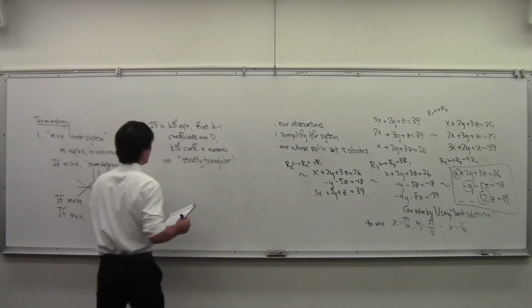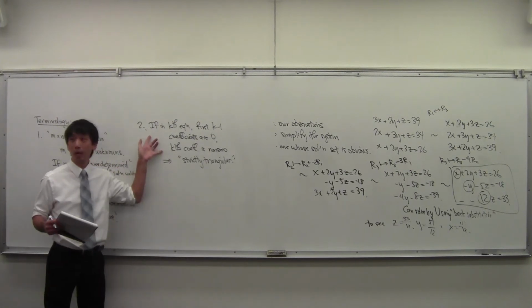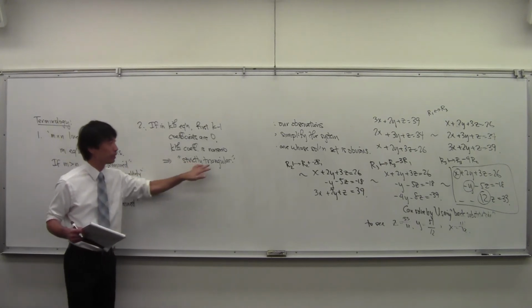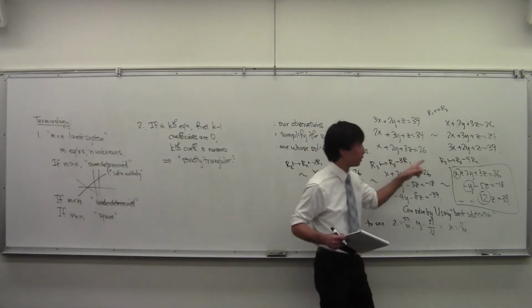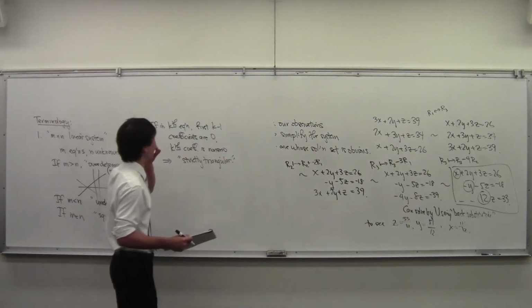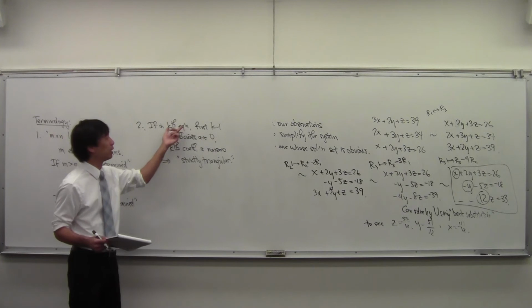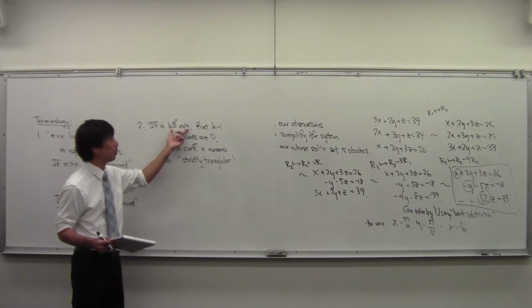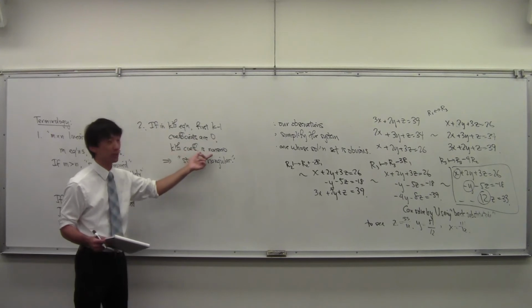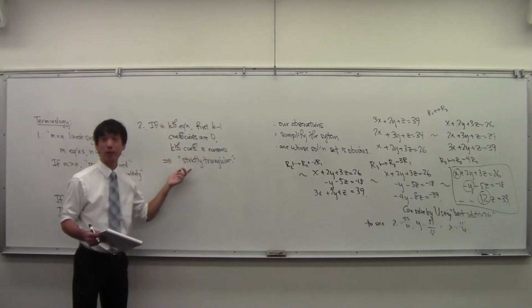Okay. So this second thing here is just to describe a system that looks like a triangle. If in the kth equation the first k minus 1 coefficients are 0 and the kth coefficient is non-zero, we call it strictly triangular.